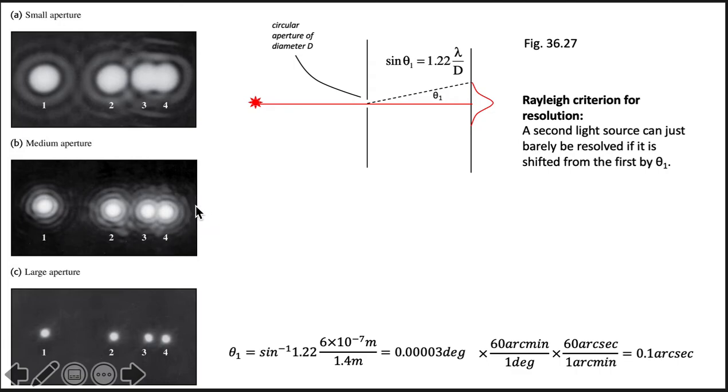When you reduce the aperture size, their diffraction patterns keep spreading out, and eventually start to overlap. In this top image, they blur together, and it's very difficult to even see that there are two separate images. So we say the resolution is much worse when we use that small aperture. We can't resolve very well that there are two separate light sources there.